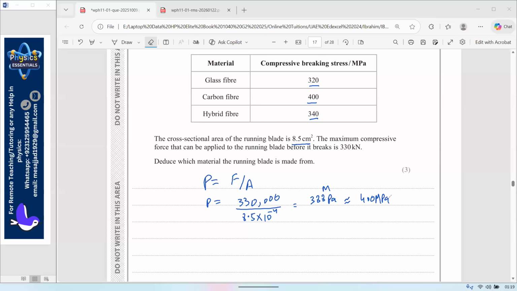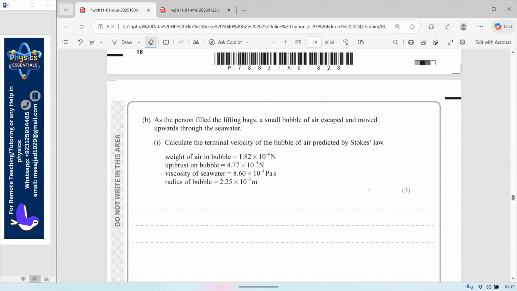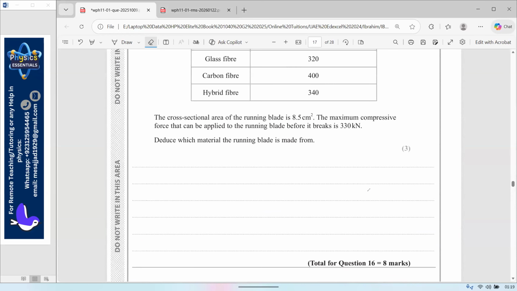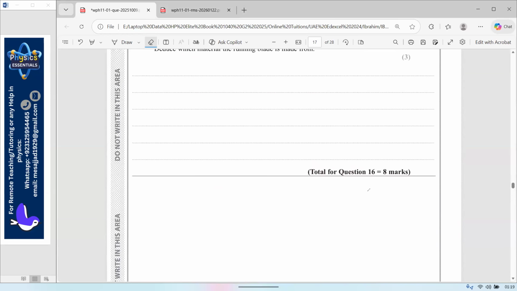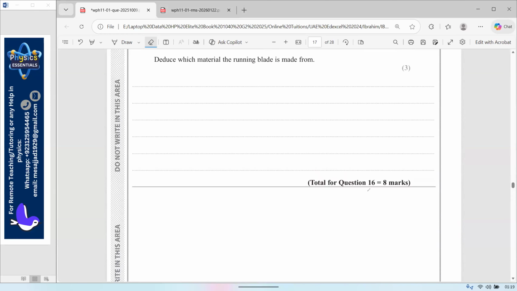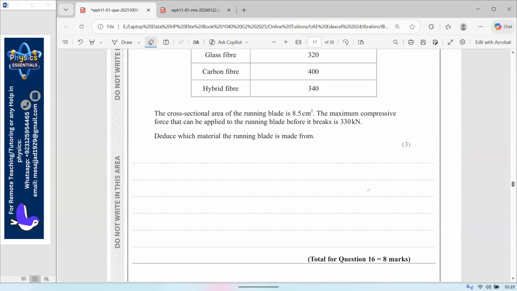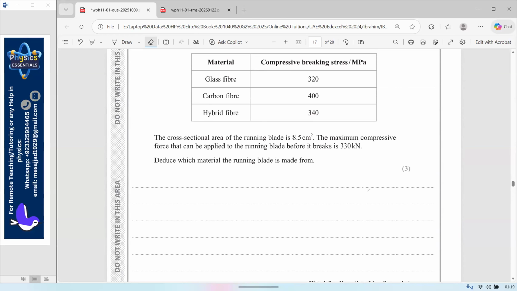Okay, yeah, that is true. So this 400 actually belongs to carbon fiber.